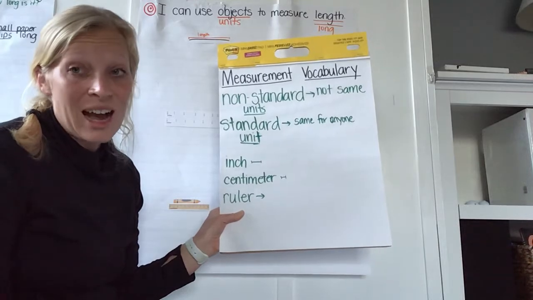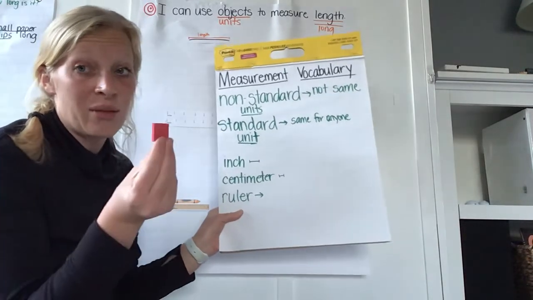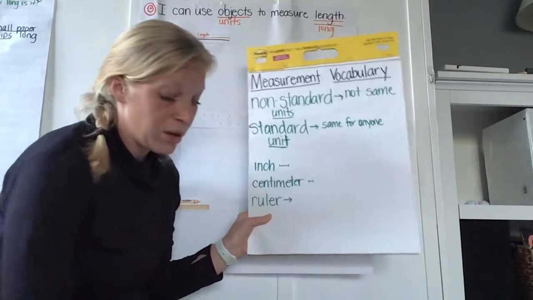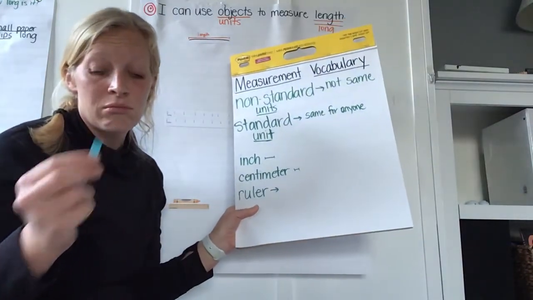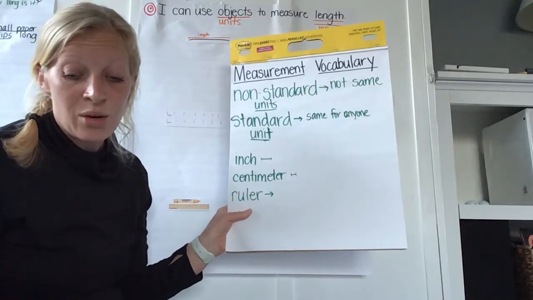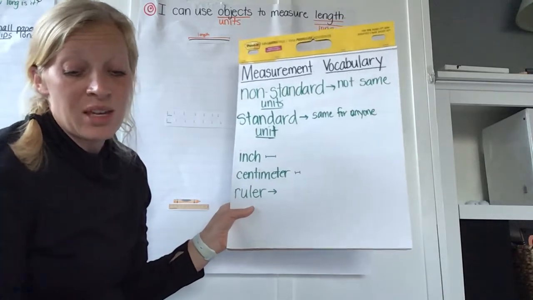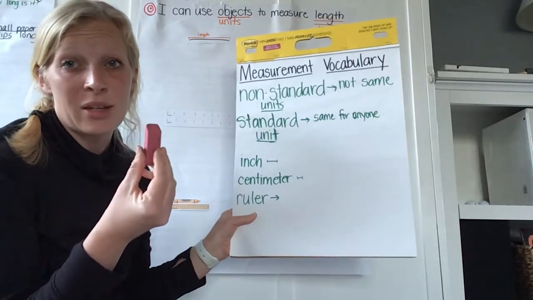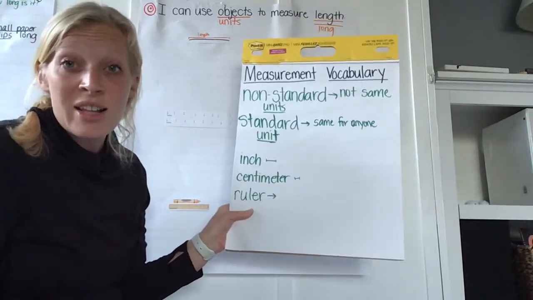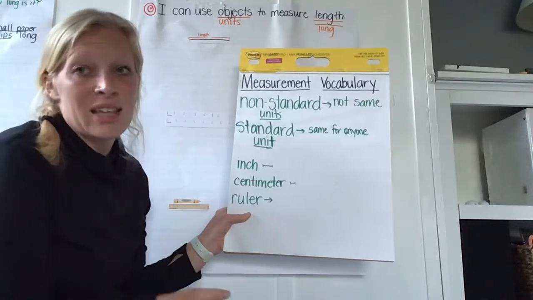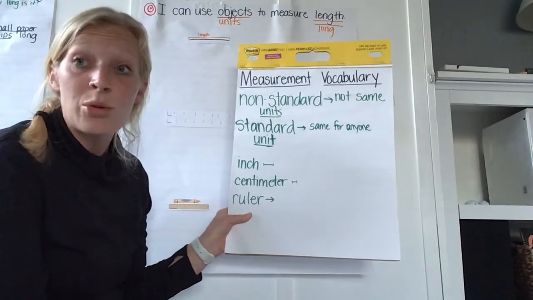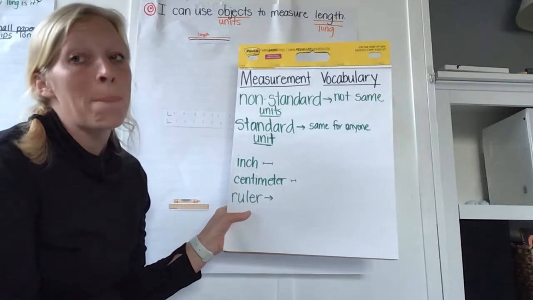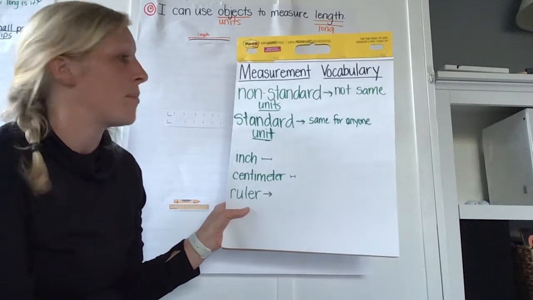When you say tiles, maybe you mean this tile right here, or maybe you mean one of these little tiles right here. When you say an eraser, maybe I'm thinking you mean the eraser on top of my pencil, but you really mean this eraser. So those non-standard units are not the same for everybody. We can use them to help us measure. We can record measurement with those non-standard units, but that doesn't mean it's the same for everyone.